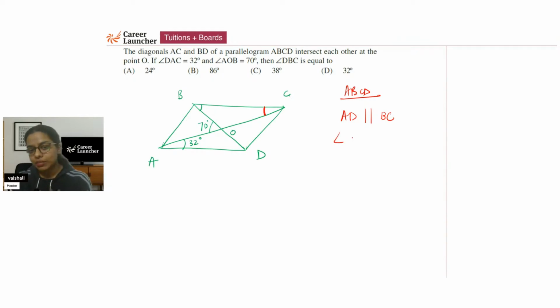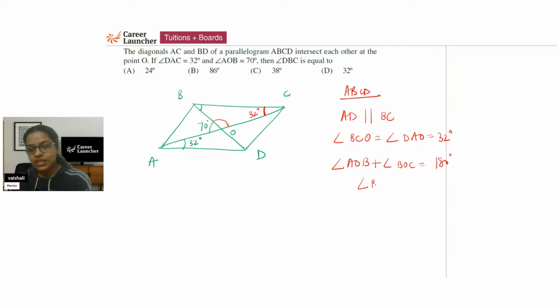Alternate interior means the angle BCO is going to be equal to DAO, which is equal to 32 degrees, right? So this is 32. And can I say that the angle AOB plus angle BOC, they form supplementary pair, as in the sum is equal to 180 degrees.